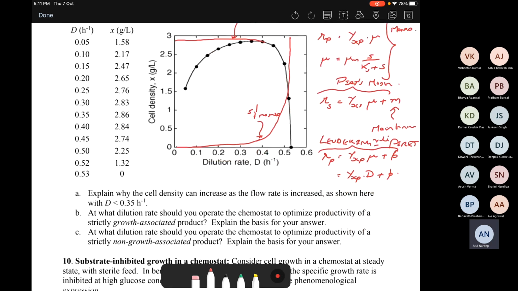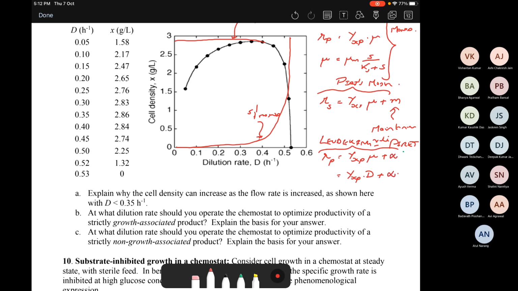The question being asked, part A, is where should you operate the chemostat to optimize the productivity of a strictly growth associated product. If it is strictly growth associated, then this constant term, I shouldn't use small p because I've already used it to represent the product concentration, so use alpha for the time being.